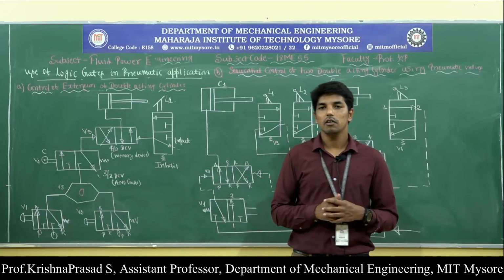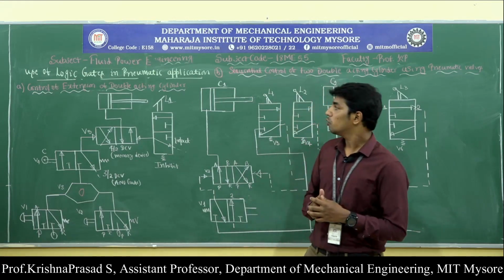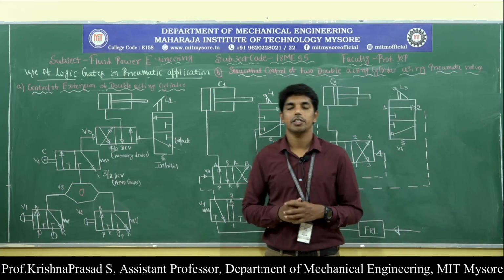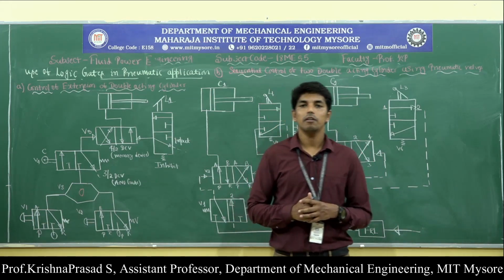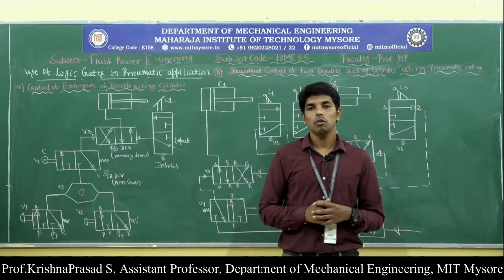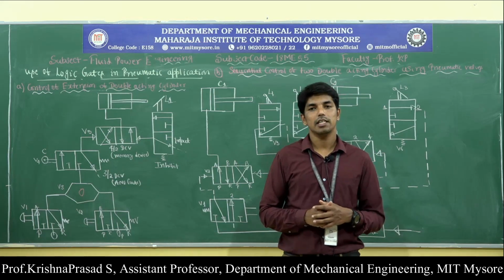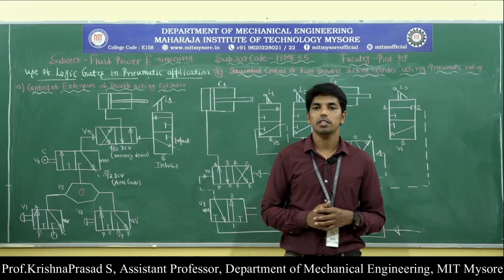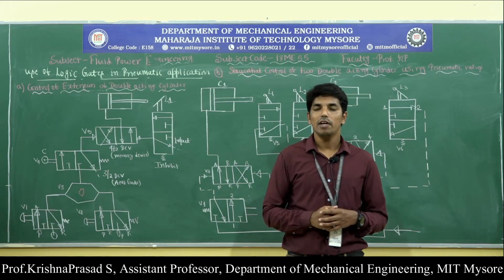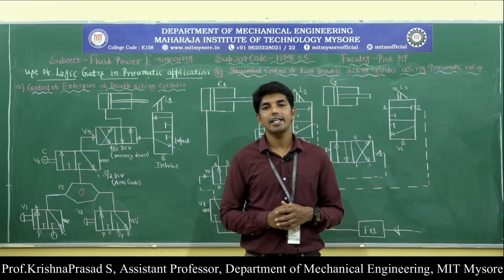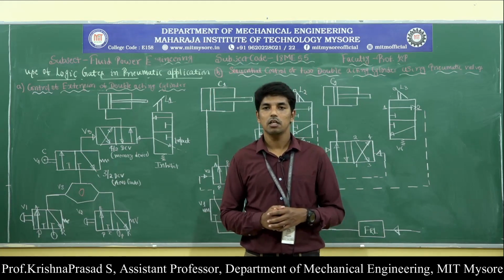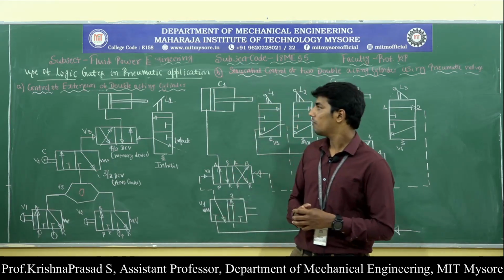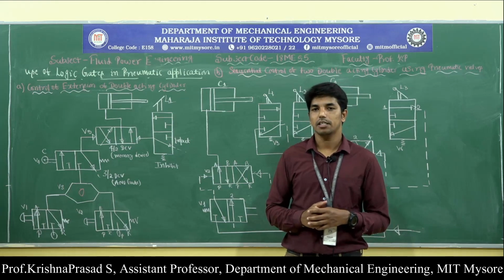The next thing we need to know is the use of logic gates in pneumatic applications. Until now we have studied the shuttle valve for the extension of a single acting cylinder, and the twin pressure valve for the extension of a single acting cylinder. Now we are combining both the OR and AND gates along with a memory device for the control of extension of a double acting cylinder.